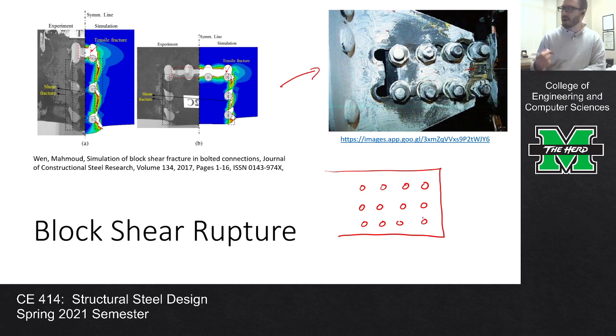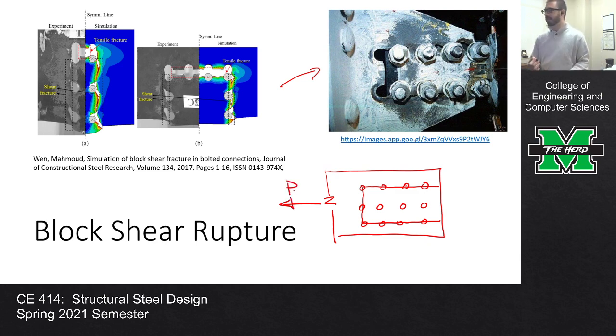Block shear failure is a combination of a tensile failure along one plane and a shear failure along another. So if here's the member and I'm yanking on it this way, then this plane right here is experiencing tension.